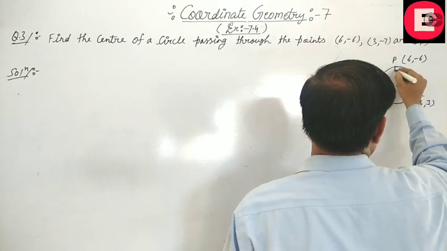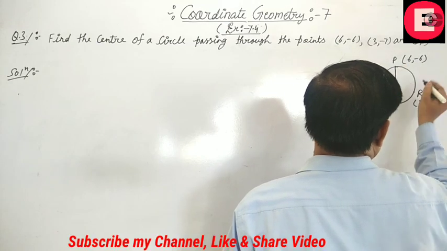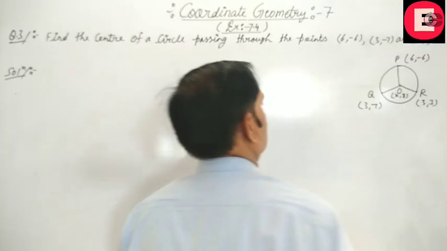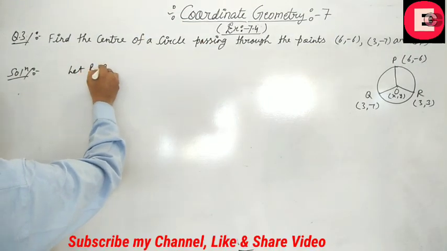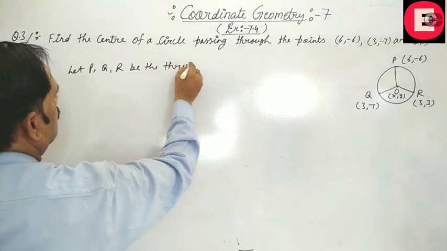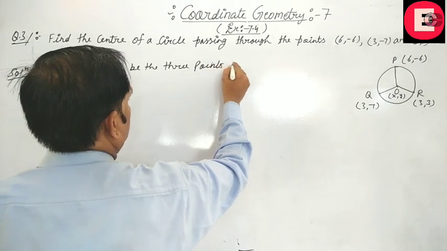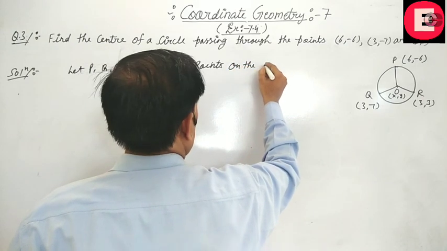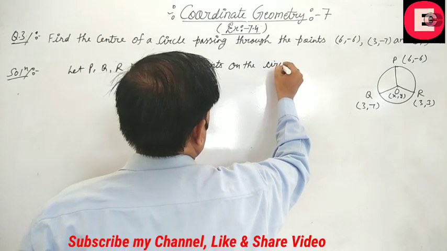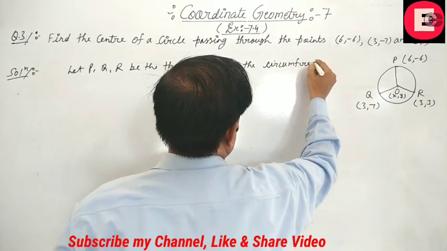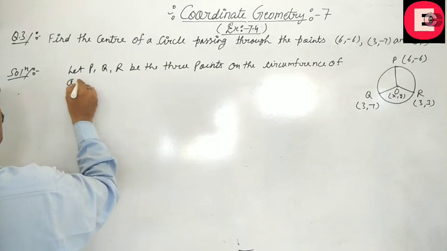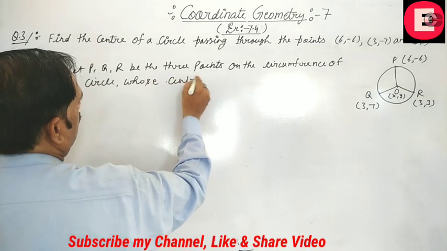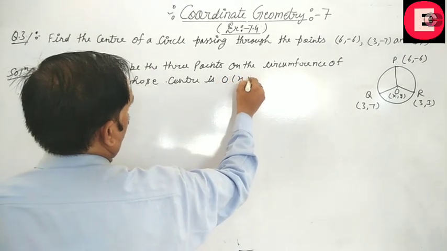And O is the center of the circle here. Let P, Q, R be the 3 points on the circumference of a circle whose center is O, which is equal to (x, y).